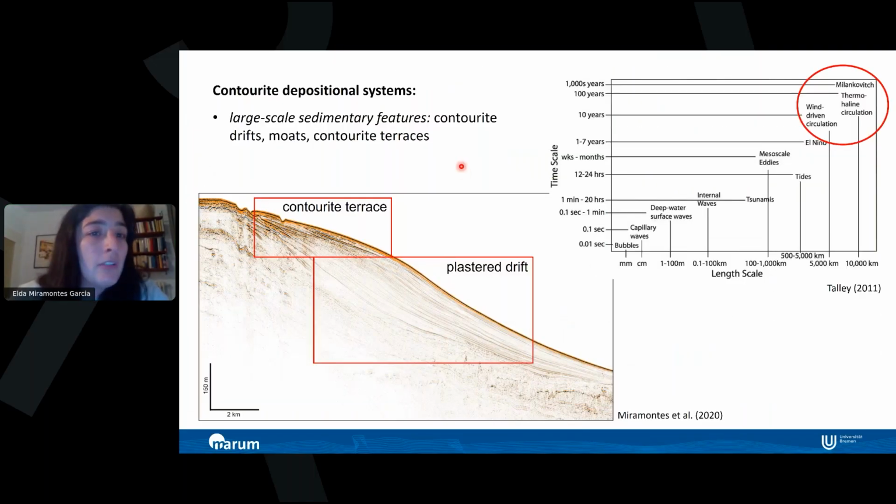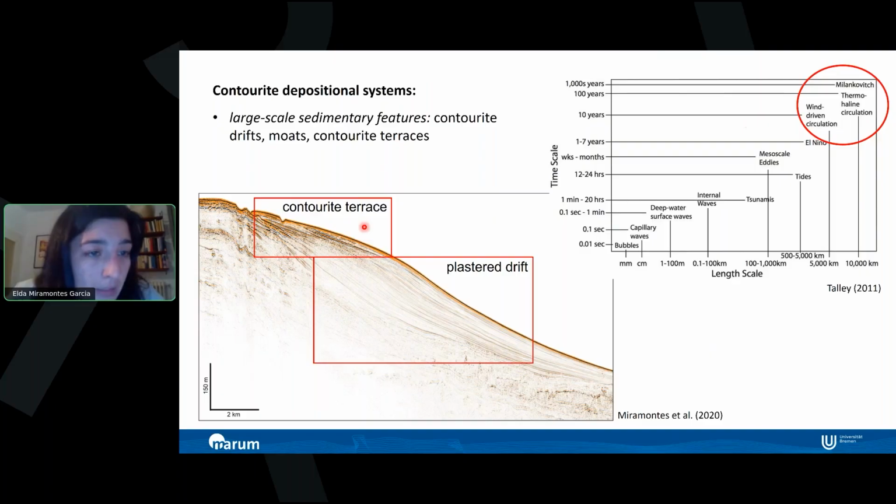So when we talk about a contourite depositional system, we can have many different structures at different scales. First, at the large scales, several kilometers, we can find, for example, plastered drifts and related contourite terraces, and they tend to be formed by long-term processes related to the thermohaline circulation.